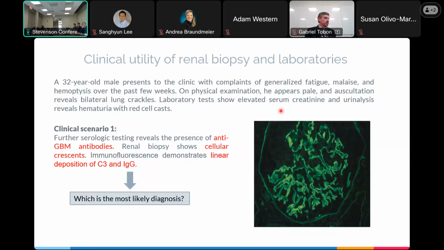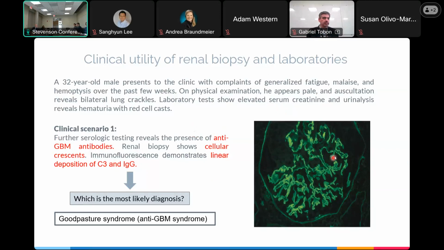So if you are following this patient in the emergency room or the intensive care unit, and you receive the different tests, if the patient has anti-GBM antibodies, and the renal biopsy shows linear deposition, which is the most likely diagnosis? So usually they are able to make the diagnosis of anti-GBM syndrome, or type 1.